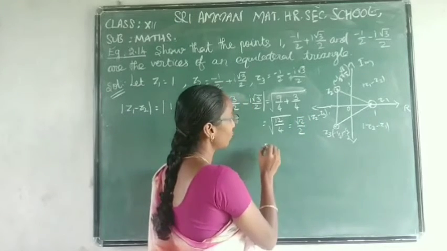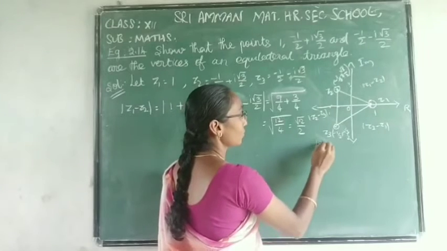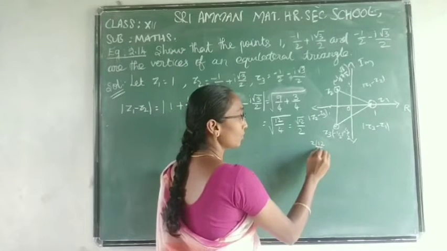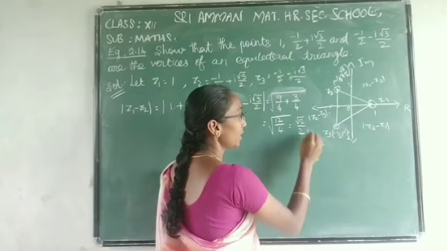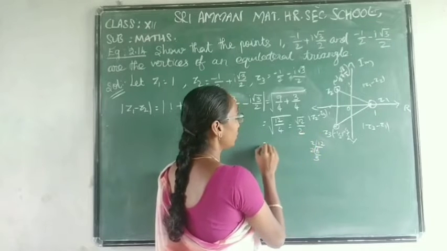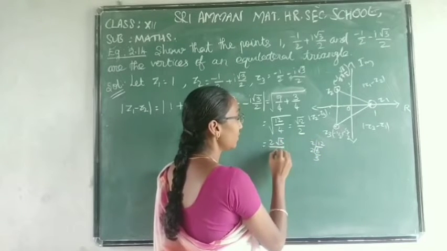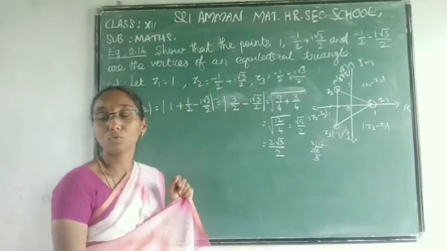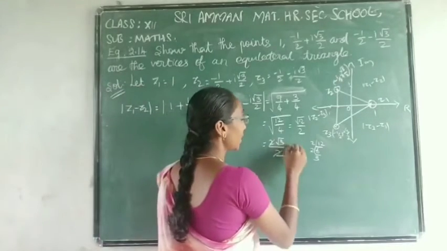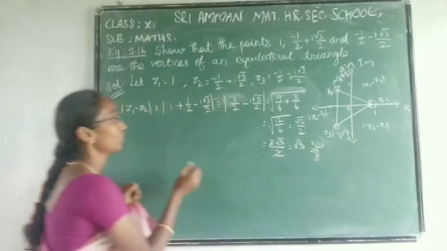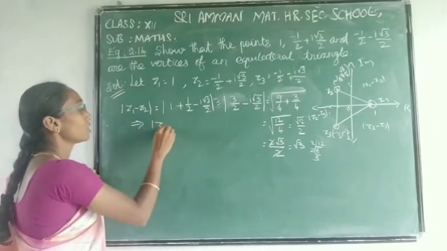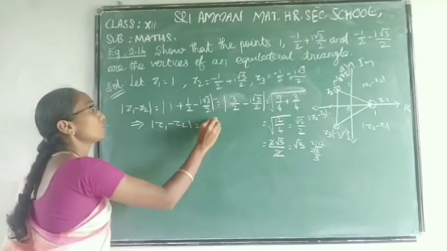The value of root 12 is 2 root 3, so 2 root 3 divided by 2, the 2 cancels, and we get root 3. This implies modulus of z1 minus z2 is root 3.